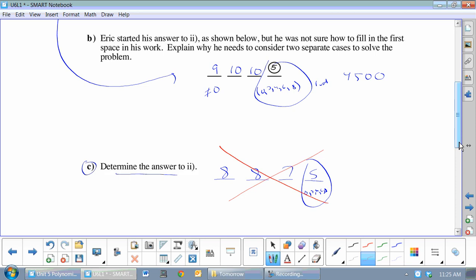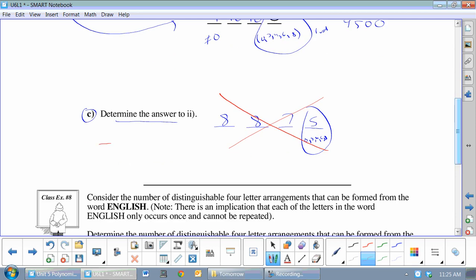So what is the number that's wrecking everything for this one? 0. So you need to do two cases. You need to do if 0 is the last digit, plus, if 0 is not the last digit.